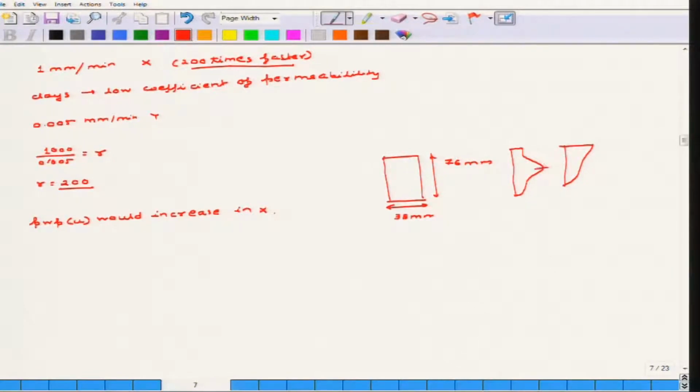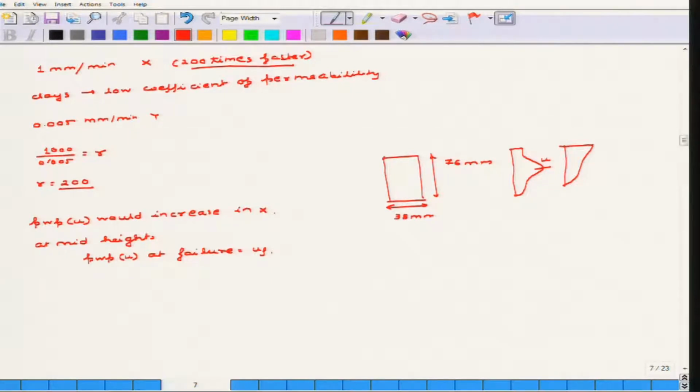So we will consider only the mid height u, and we will consider that mid height pore water pressure to be representative of the entire sample. So at mid height, the pore water pressure at failure is, let us say, uf.